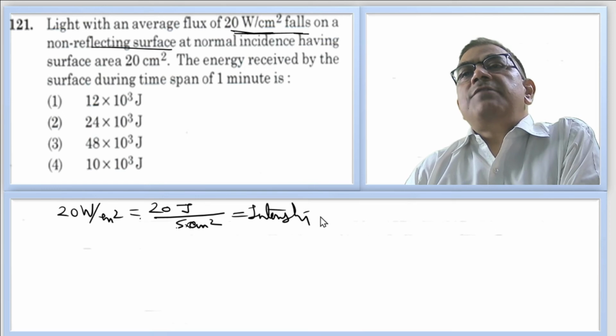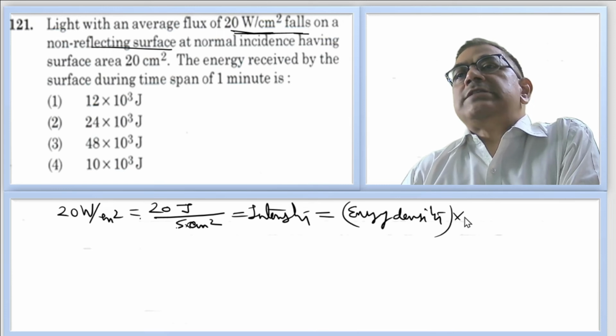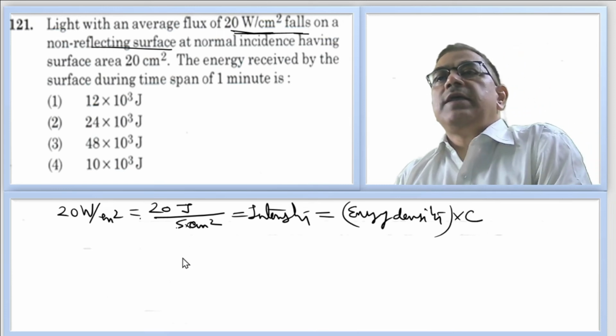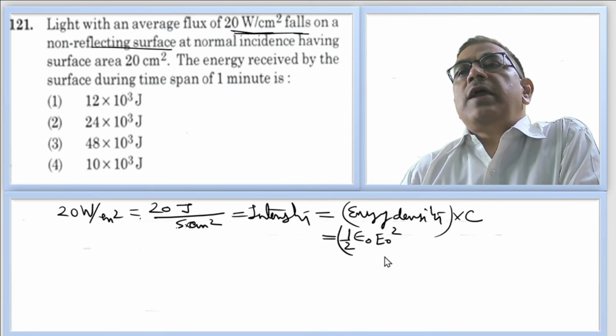And intensity effectively is the same as energy density multiplied by the velocity, as we have already done this part. Is that right? And how much is the energy density? If you're interested, this is equal to epsilon naught E naught square half, is that right, into C.